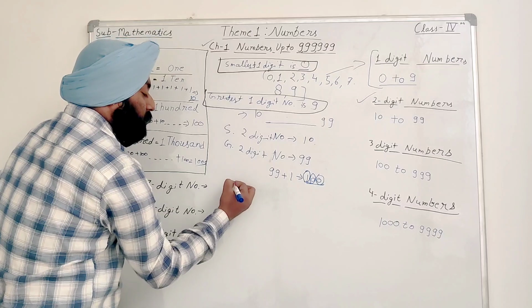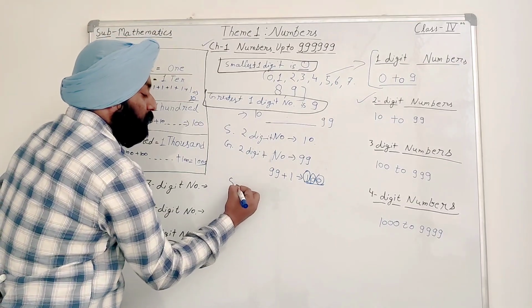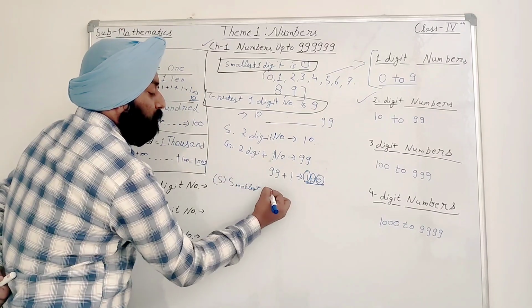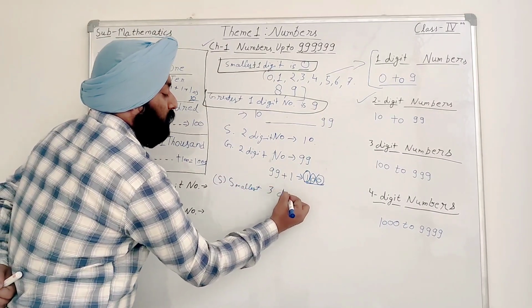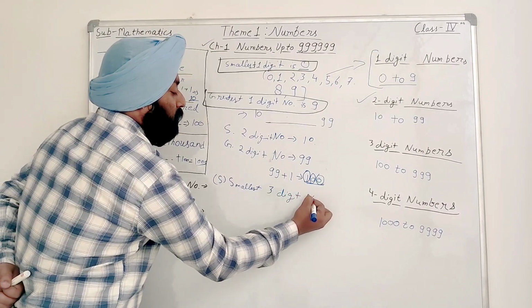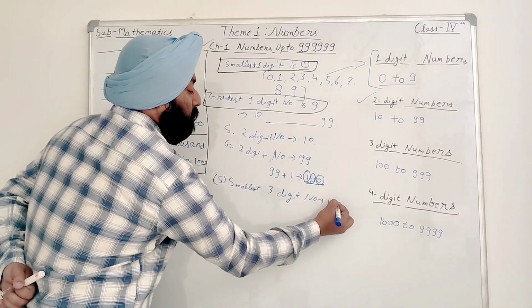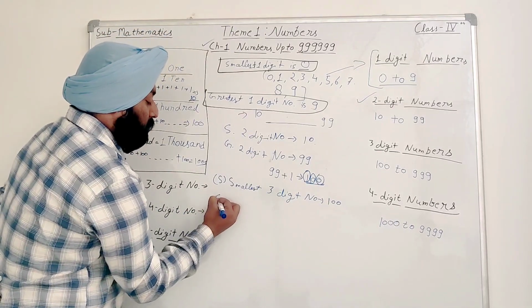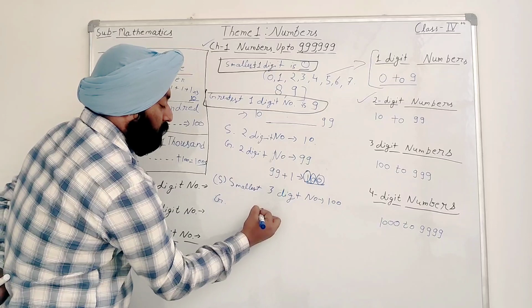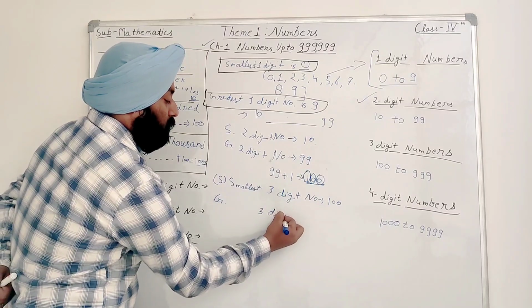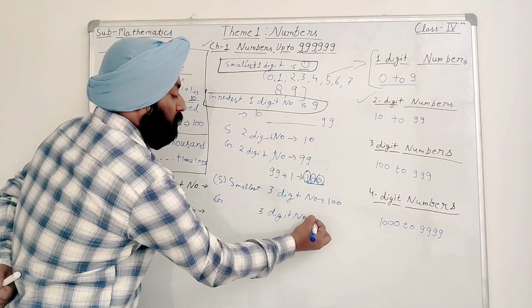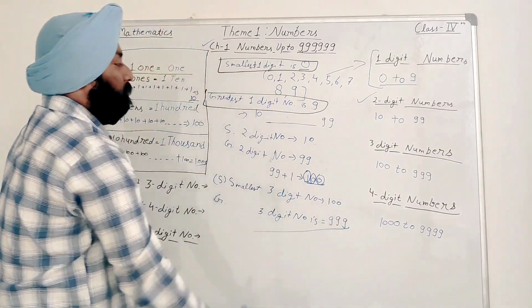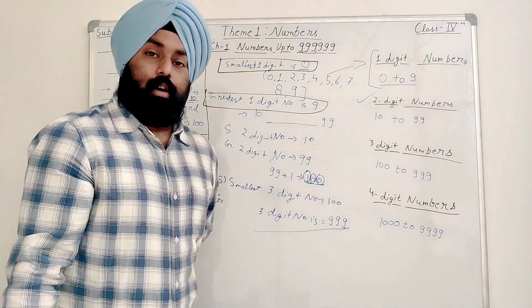Then 100 is the smallest three digit number, and the greatest three digit number is 999. Understand, students?